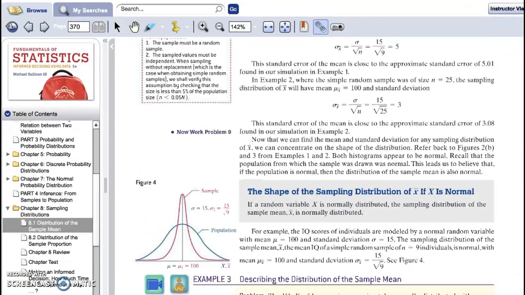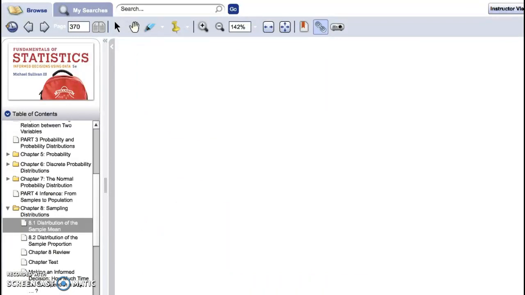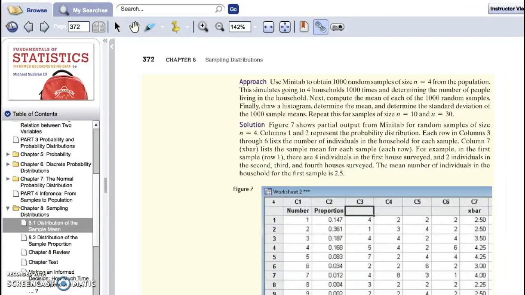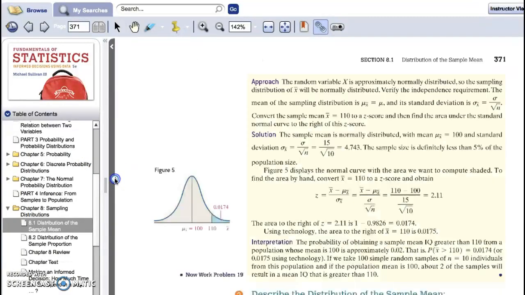So it goes through some more examples here. But what I want to point you to, just really quickly for example 5, is the part that you're skipping. The part that you're skipping using StatCrunch is the part involving z-scores and then using table 2 to calculate those probabilities and doing complements.